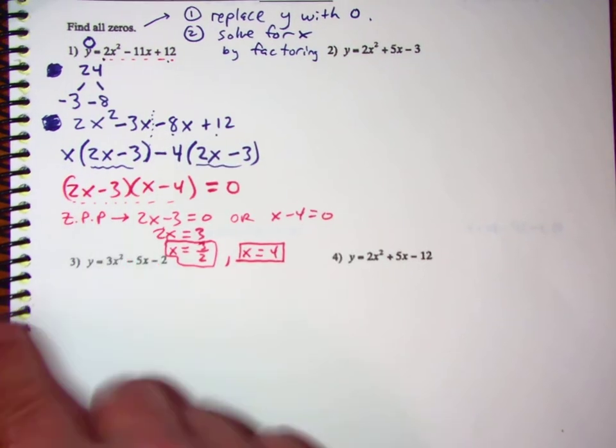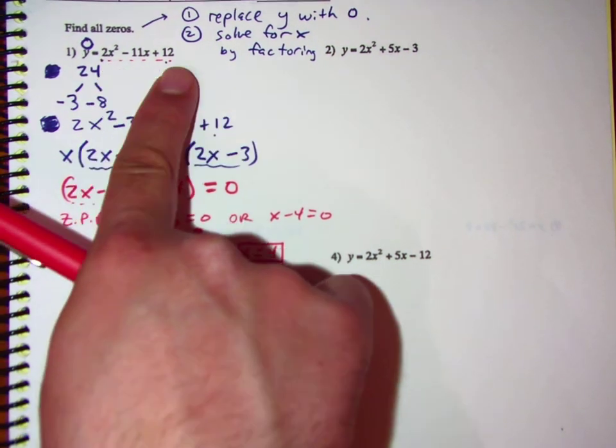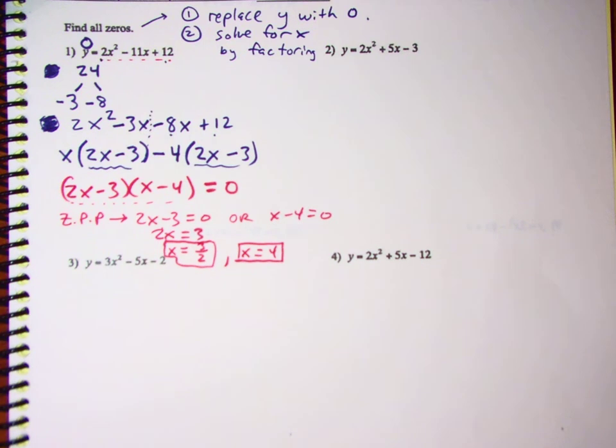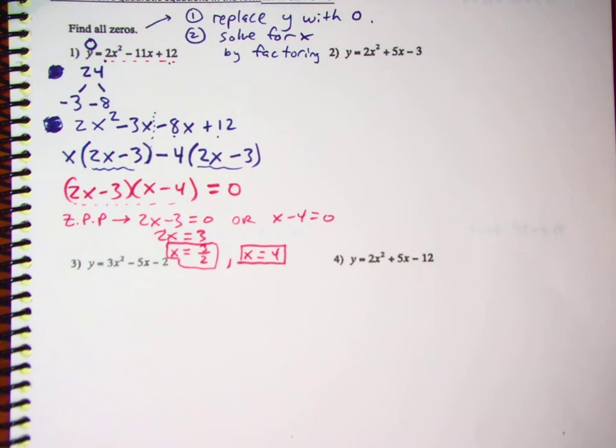Same thing with 4. If you take 4 and you plug it in, you're going to get 0 as well. Okay? So yes, you should also check your answers if you have time. That's one of the nice things about mathematics, is that when you're solving equations, there's always a way to know if you've gotten the answer correct or not without having to look at an answer key.